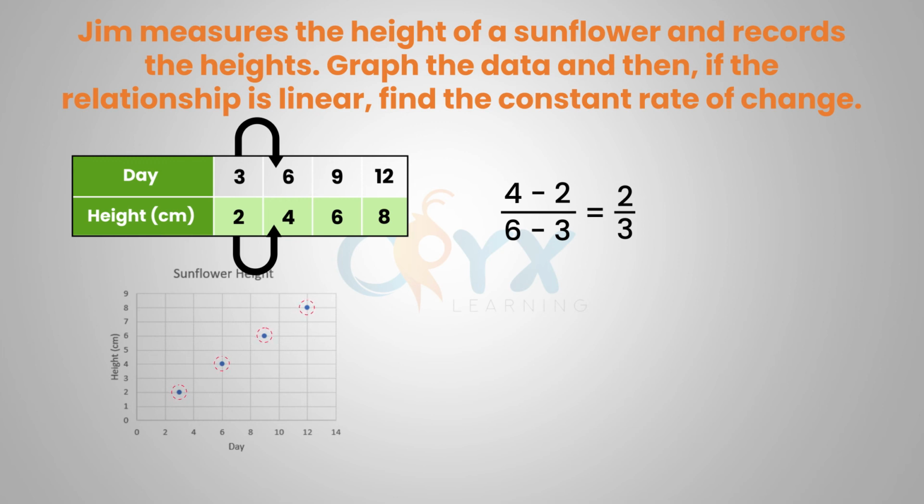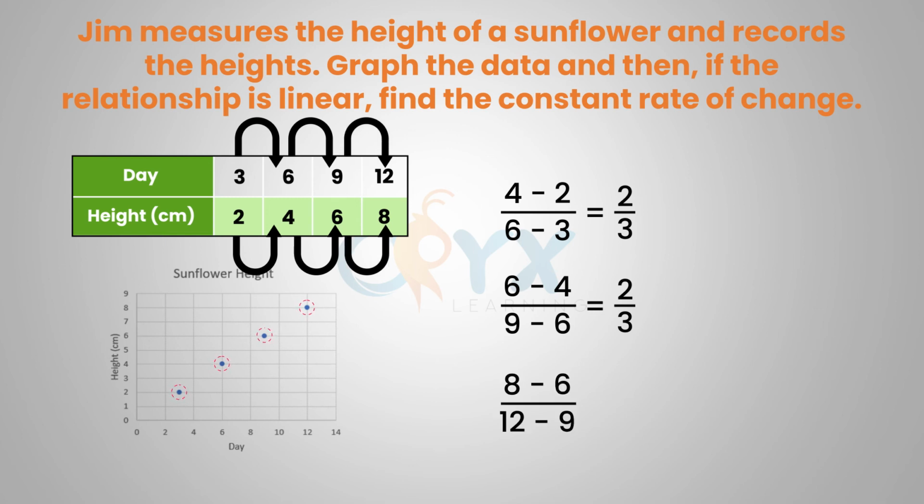We can do this for each of the points as well. From 6 to 9, it goes up by 3. From 4 to 6, it goes up by 2. So that rate of change is also 2 over 3. And for the last one, from 9 to 12 and 6 to 8, has the same constant rate of change of 2/3. So it is linear, and the rate of change is 2/3.